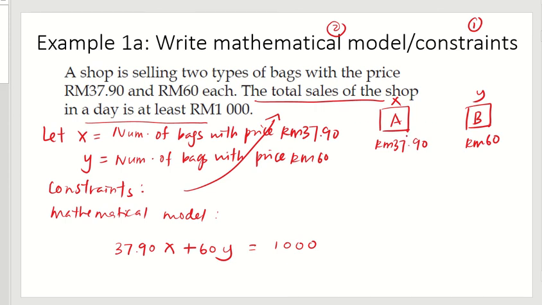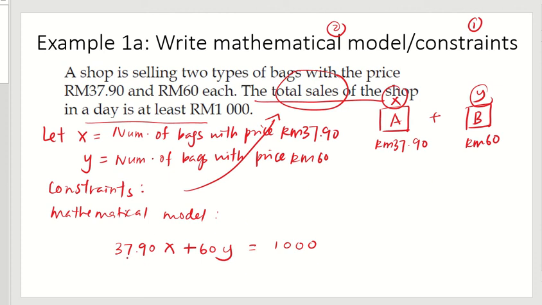Total sales is how many beds you sold, right? So I sold x, then the price for the x is how much. You cannot write x plus y, right? It's not about the number, it's about the total sales. The total sales is how many beds x multiplied by the price, plus how many y multiplied with the 60 ringgit. How much you sold.